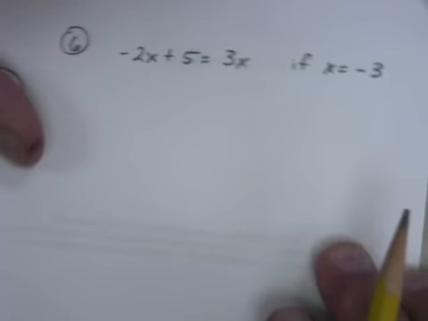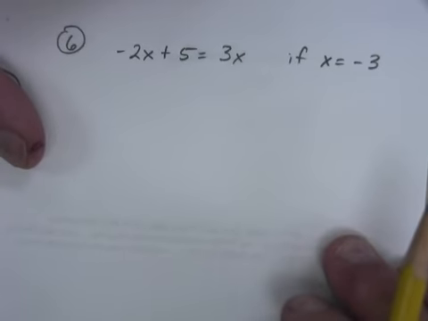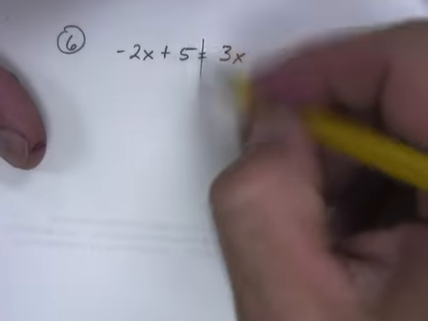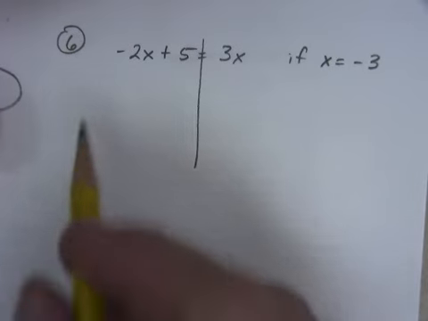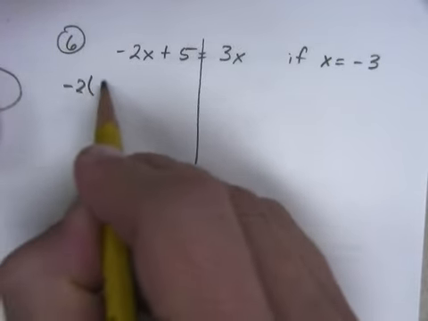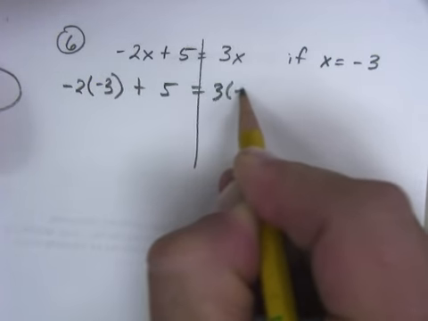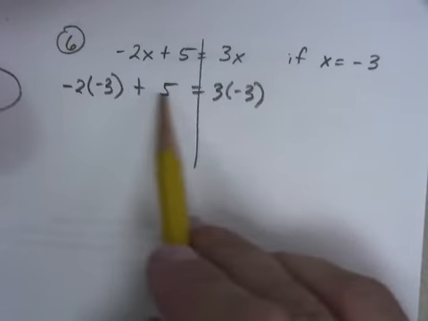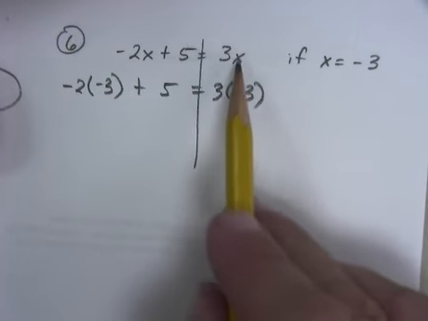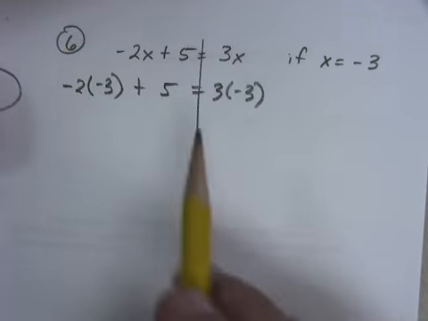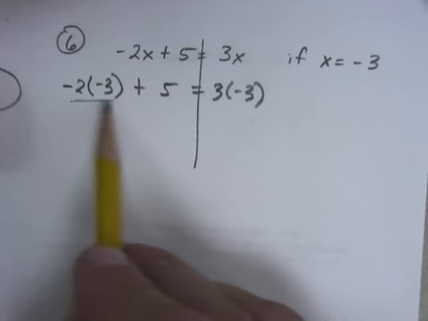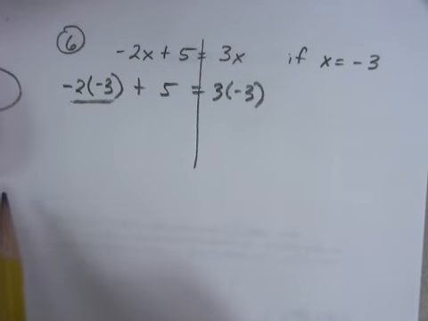All right, the last one. Here it is. Draw a line through my equal sign. Negative 2 times negative 3. Carry down the 5. There's the 3. Plug the negative 3 in for the x with parentheses. Multiply first, right here.